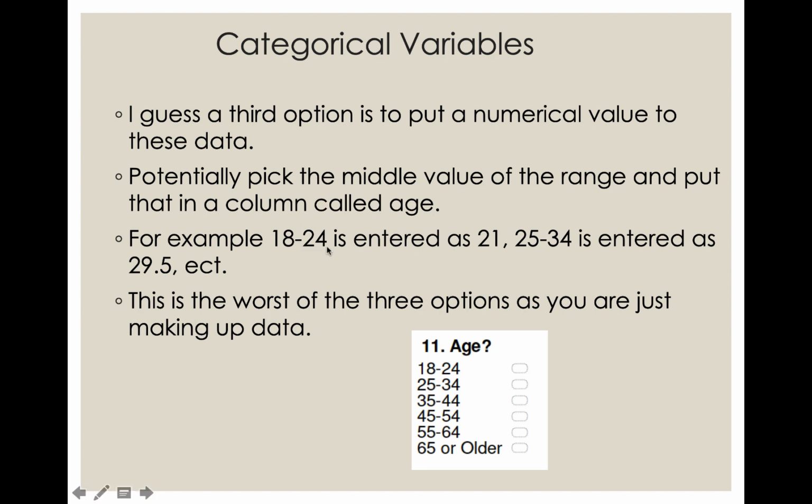For example, in the 18 to 24 range, what if most of your data or all of it is all 24-year-olds, but you're saying that they're 21? Well, if you're going to do that, let's just make up all our data. I really don't believe that this is your best case scenario, but it is an option. So anyway, those are your options.